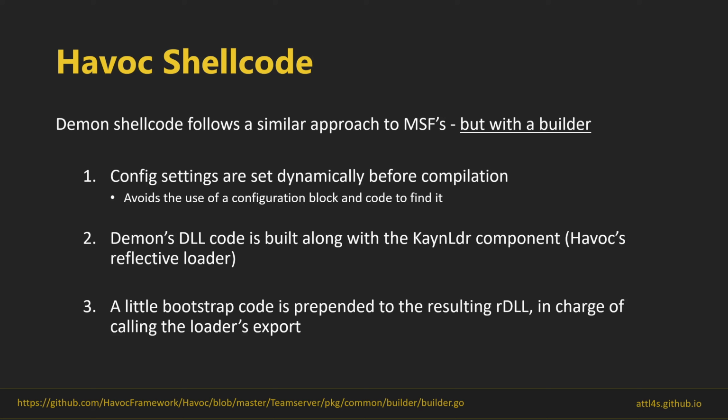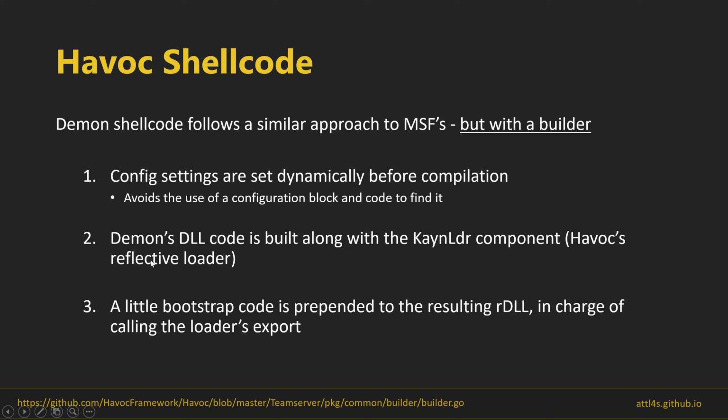What we will see is that the approach is quite similar to Metasploit, but with a builder. So, for example, the config settings are set dynamically before compiling anything, and this avoids the use of a configuration block and code to find it.